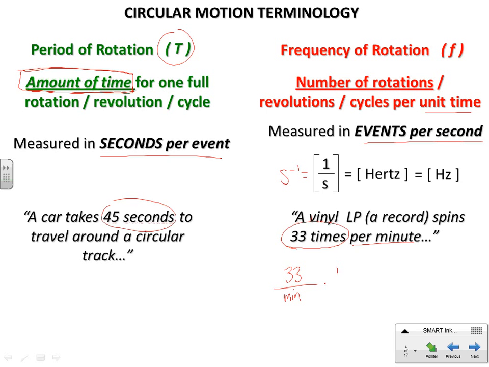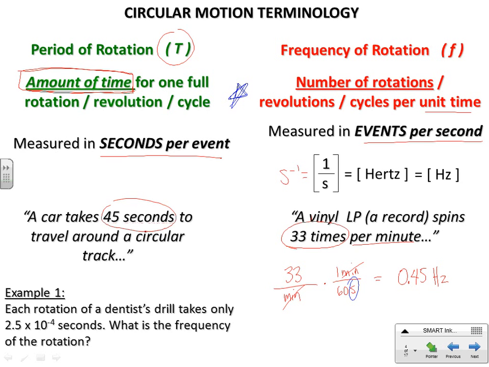In a minute, there are 60 seconds, so this is, let's call it, 0.55 hertz, because we're left with per seconds. So while it shouldn't be tricky, it can be. I understand it definitely can be. Real big deal: can you discern between a period and a frequency?